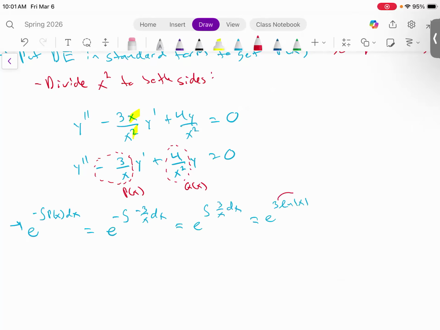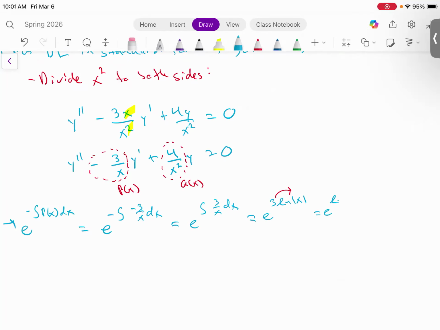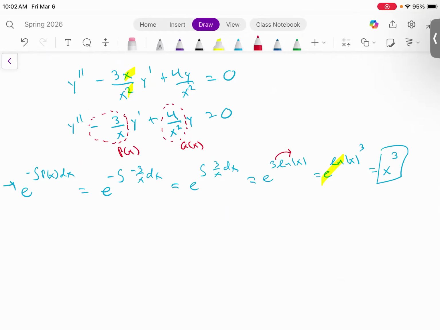We need to move that 3 up to the power so that the e and natural log can cancel out. And so what we're left with is x cubed. So we have our integrating factor. So now back to the formula.